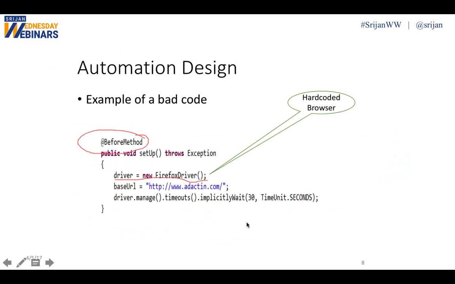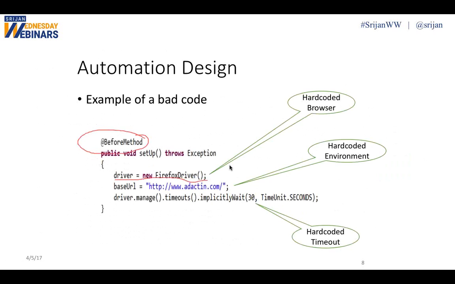I'll have to actually change the code over here. It's not configurable. The environment URL is hard-coded. Let's say I have multiple environments: staging environment, sandbox environment, PP environment, test environment, or any other environment, and each of the environments has a different URL. For example, pp.something.com or test.something.com. I'll have to actually change the code to get those URLs.